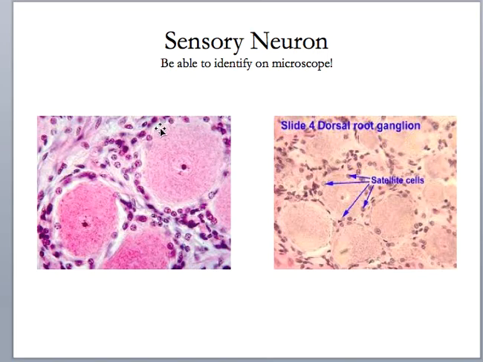Satellite cells' functions are not well known, but they're thought to be nurse cells or help support and maintain nutrient balance for the sensory neurons found here. Okay, so they have a supportive function, but they're not very well known.